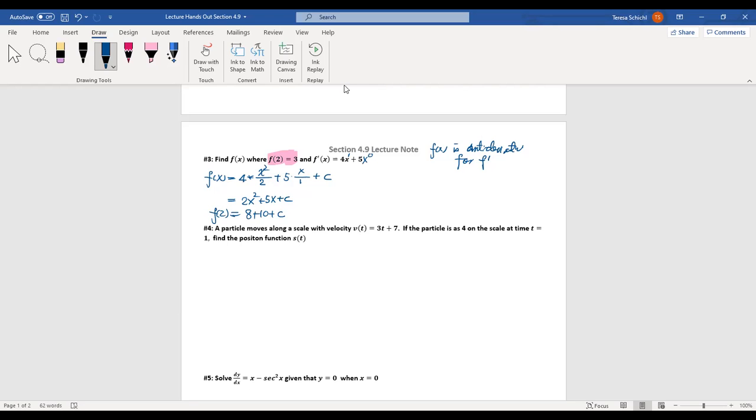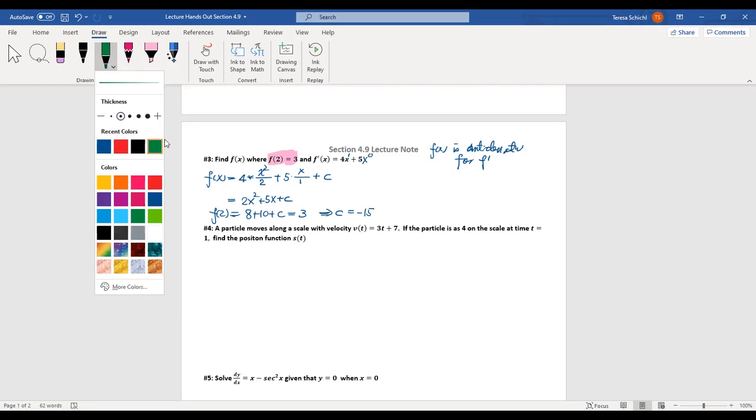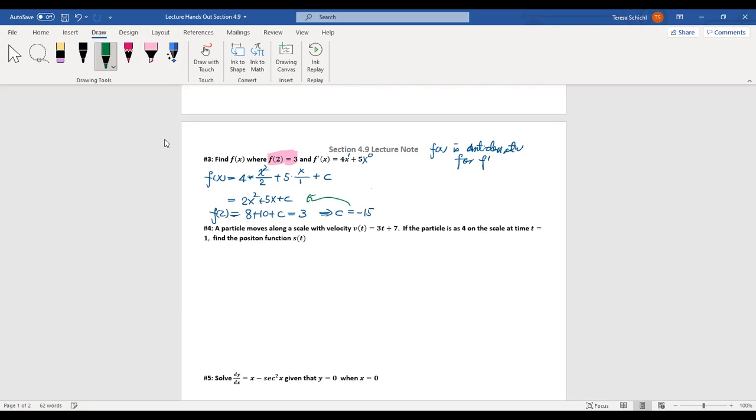Let's say it's equal to 3 here. Then you can solve for c. What is c here? c will be negative 15, right? After you find negative 15, you substitute it here, then you will get your f of x. It will be 2x squared plus 5x minus 15.